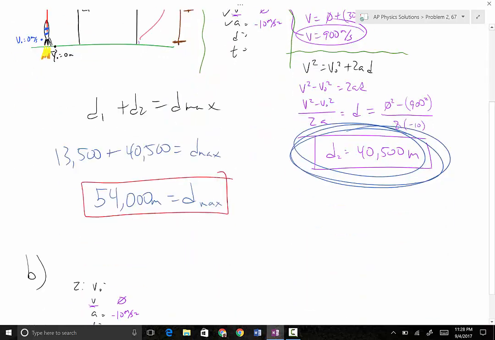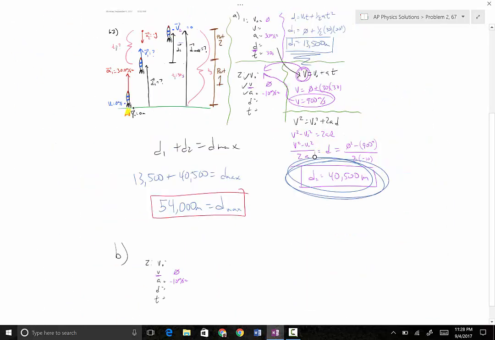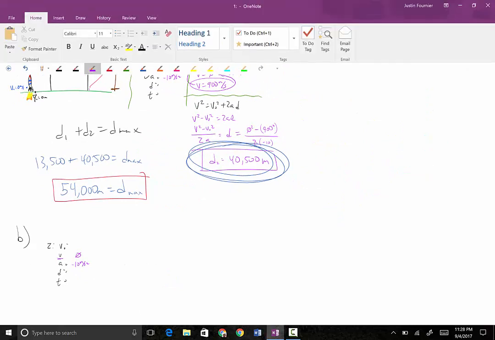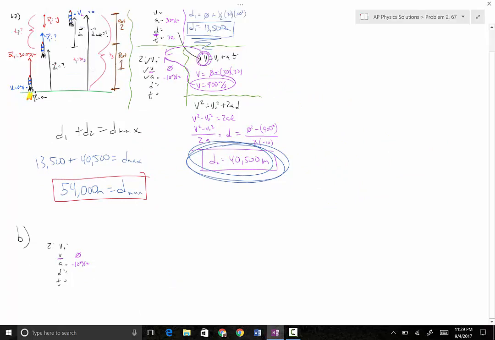So once it starts to accelerate like that, I found out previously that this was 900 meters per second. And so now I'm just trying to find out the time at which that happens. So I think again I'm going to use v equals v naught plus at, and I'm going to isolate time.